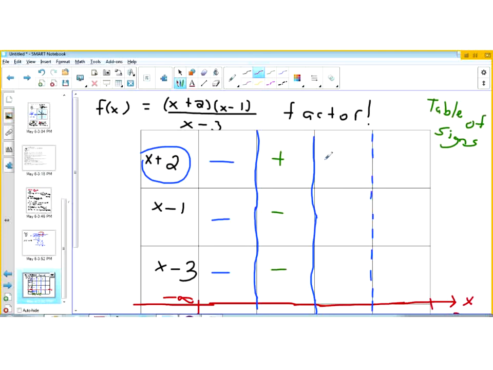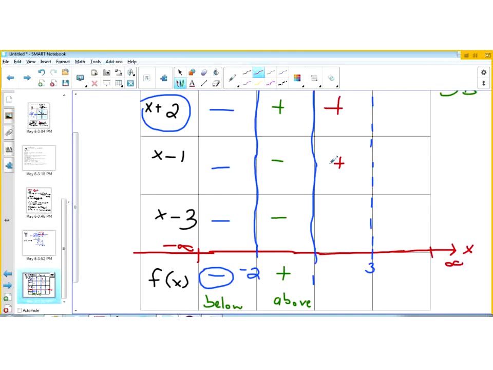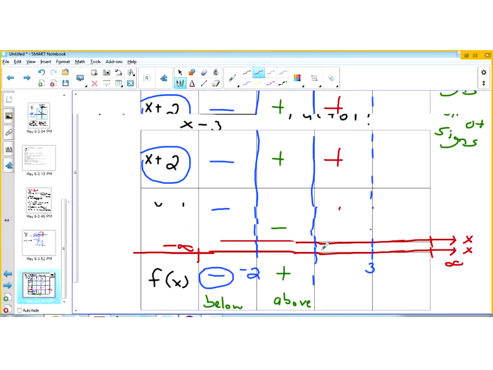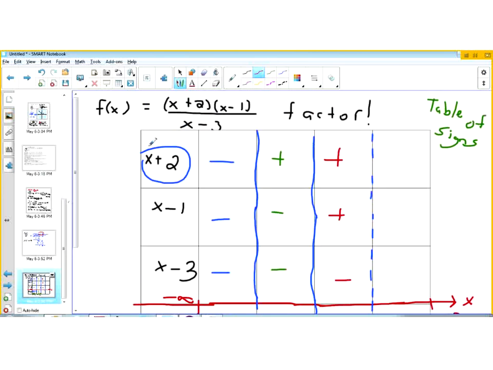All right, so 6 more cells to go. I answer the same question. Pick a number between 1 and 3 and plug it in for x plus 2, and you'll get a positive result. Pick a number between 1 and 3, plug it into x minus 1, and you'll get a positive result. Likewise, if you pick a number between 1 and 3 and you plug it into x minus 3, you'll get a negative result.